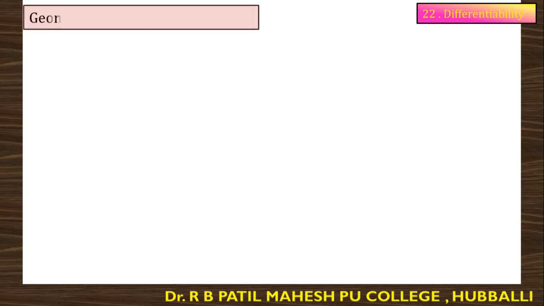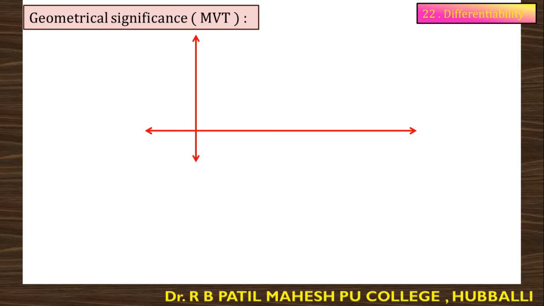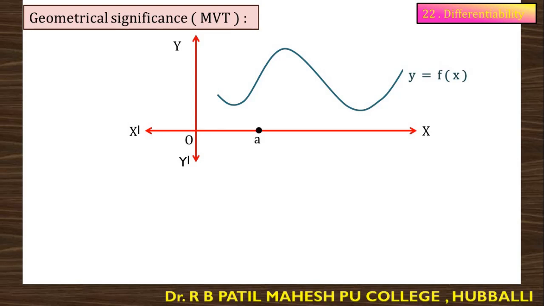Geometrical significance of mean value theorem. So consider coordinate axes, x-axis, x dash, y dash, and let me draw one curve, y is equal to f of x, and a point A on the x-axis.